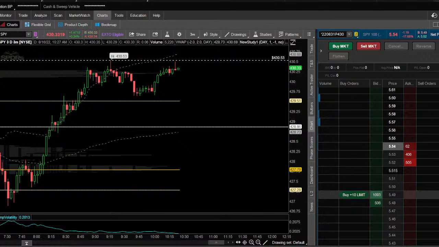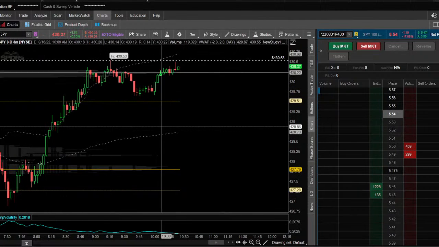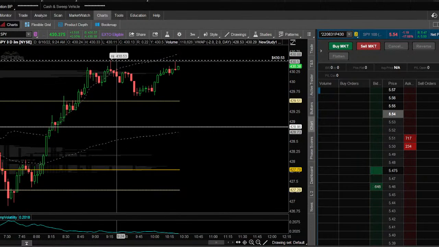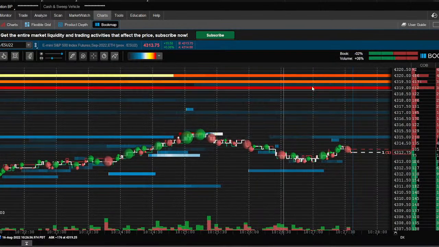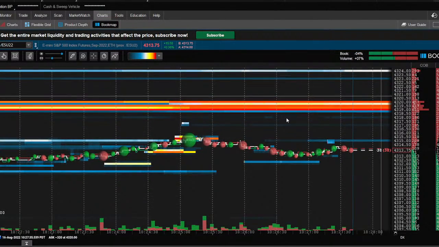Right now the bid is at $5.49 and the ask is about a 2-cent move away, which is not that bad. So this perhaps is not the high. But just remember, there's liquidity up here, and it tends to act like magnets at times.